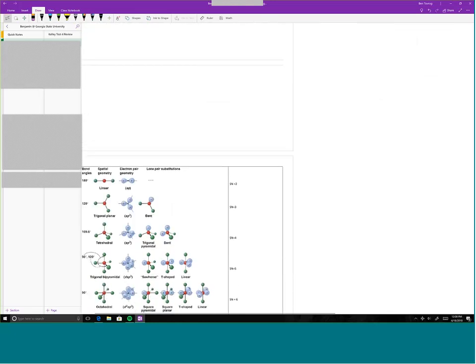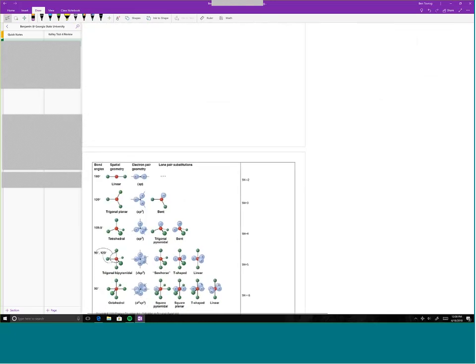You might have this in your textbook or from some other resource, but if you recall, what we have here is a steric number 4, and we have 3 bonding regions and 1 lone pair. So for steric number 4, our electronic geometry is tetrahedral.